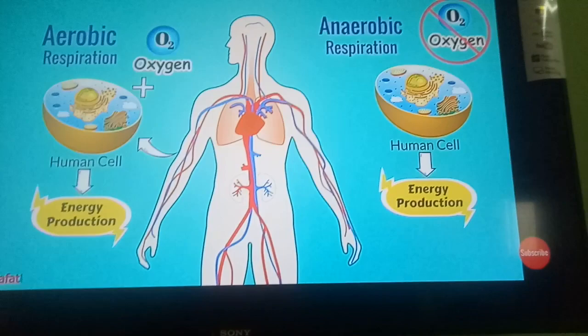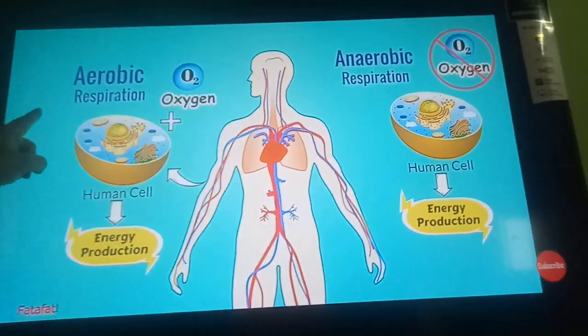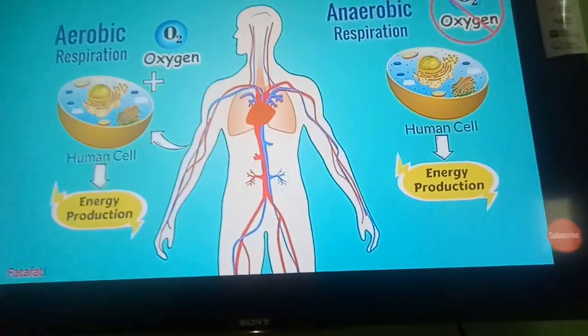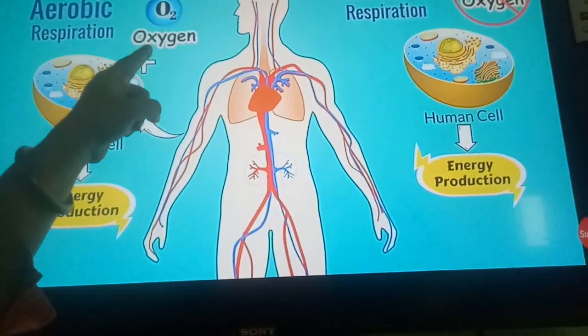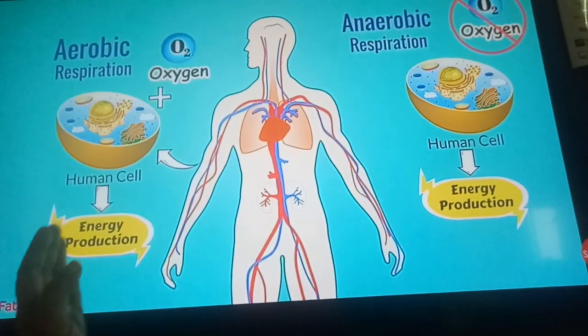Anaerobic respiration means respiration carried out in the absence of oxygen, and aerobic respiration means respiration carried out in the presence of oxygen. In both cases, what is produced? Energy.